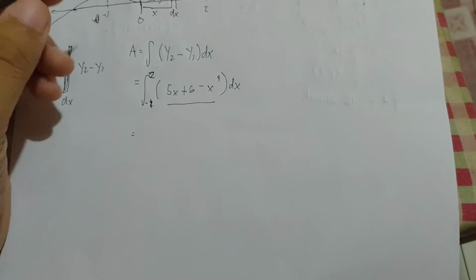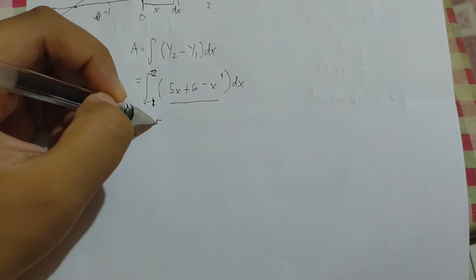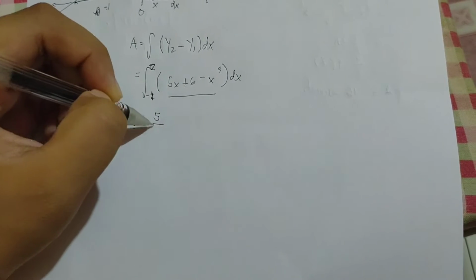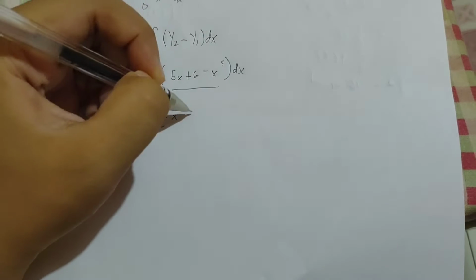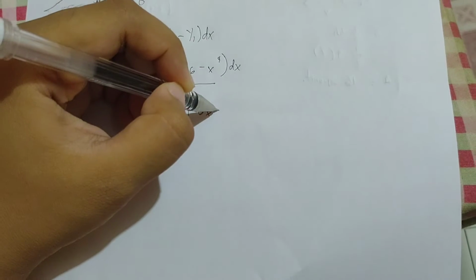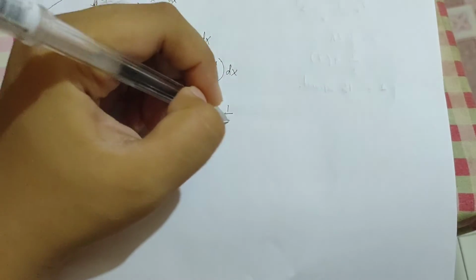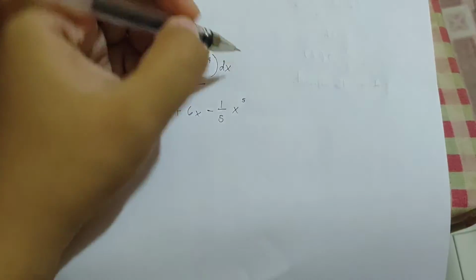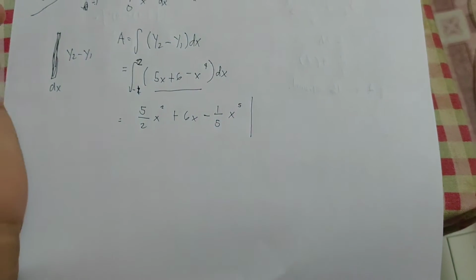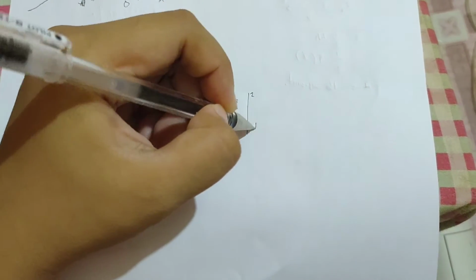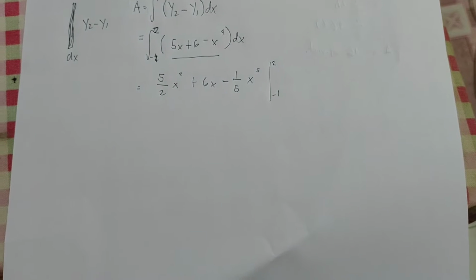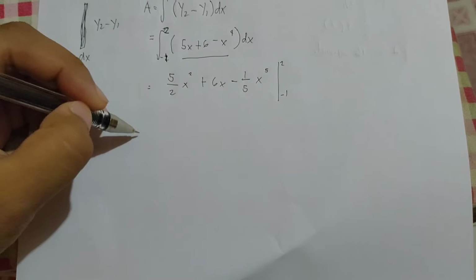To integrate, 5x is 5 over 2 x squared plus 6x minus 1/5 x raised to 5, with limits from -1 to 2. So we'll just simply substitute it.